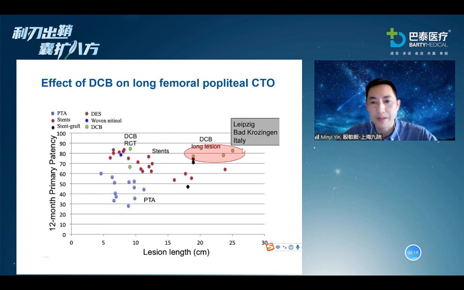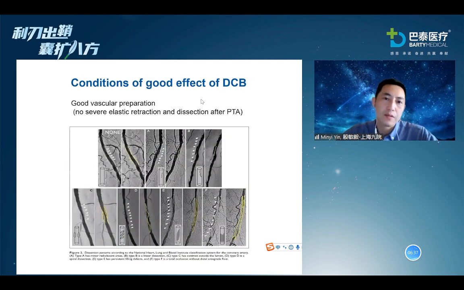Very good results. But if we take a closer look, although the lesion is 25 and 30 centimeters, the primary patency is maintained at 80%. So seemingly compared with the graft, it has even better results.